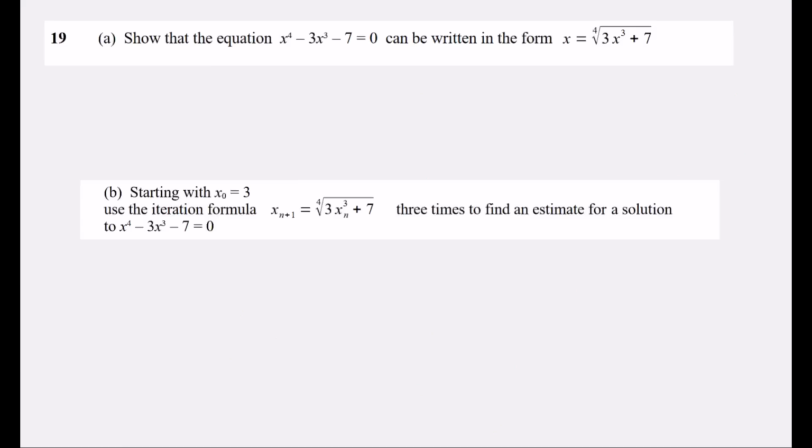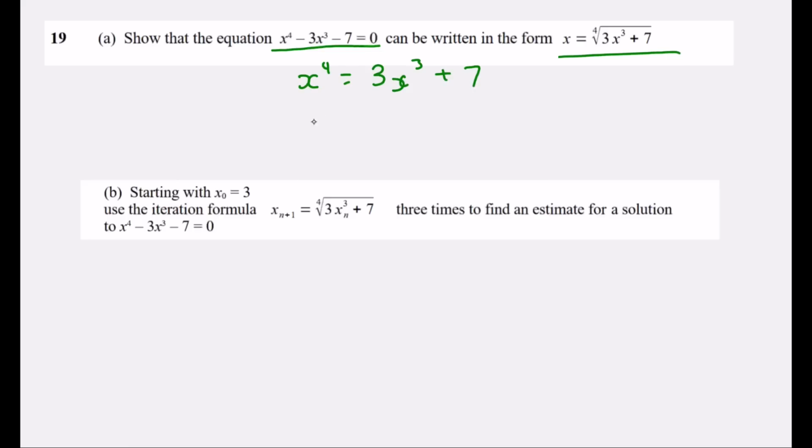Question 19. Show that the equation x to the power 4 minus 3x cubed minus 7 equals 0 can be written in the form x equals the fourth root of 3x cubed plus 7. So what has happened to change the first one into the second one? We've added 3x cubed to both sides and added 7 to both sides.